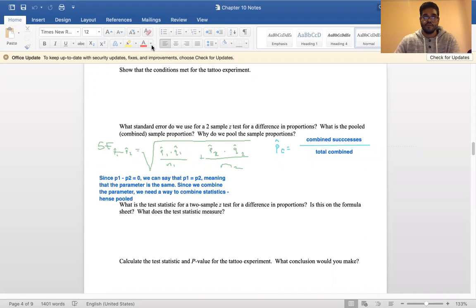If you say X is your success, then P hat C is equal to X1 plus X2 divided by N1 plus N2. And it's just another way of rewriting these things.